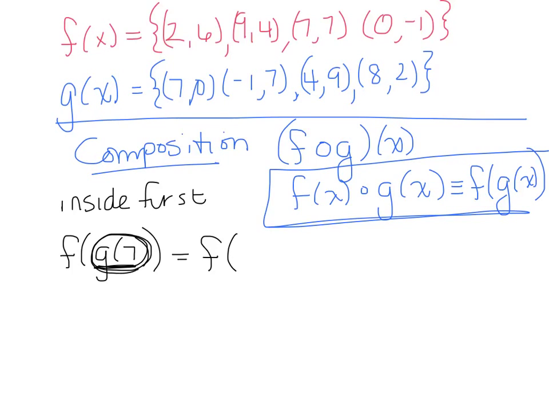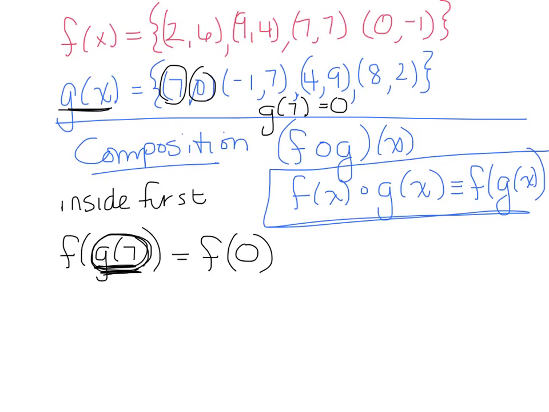What is g of 7? Well, this up here is going to define what g is. So here's 7 for x, and it gives me a y value 0. So this tells me that g of 7 is equal to 0. So I can make a substitution, g of 7 is 0. Okay, so I'm left to find f of 0.